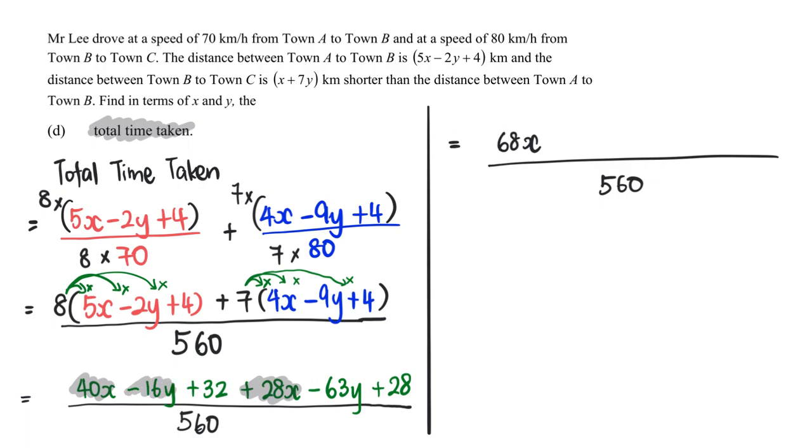Negative 16y minus 63y, that will give me negative 79y. 32 plus 28, that will give me positive 60. And there's no more common factor among the numbers. This would be the final answer.